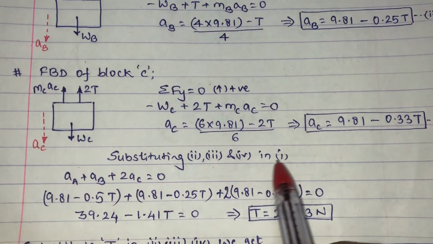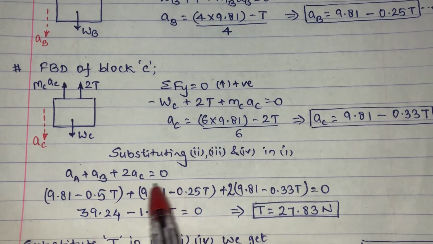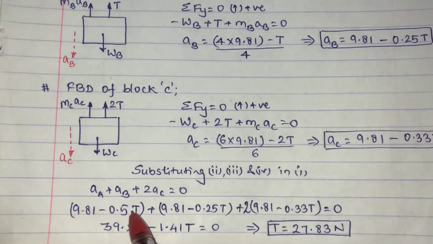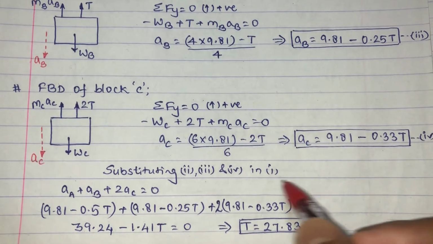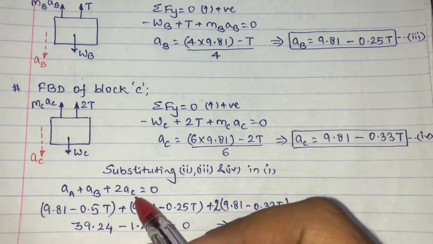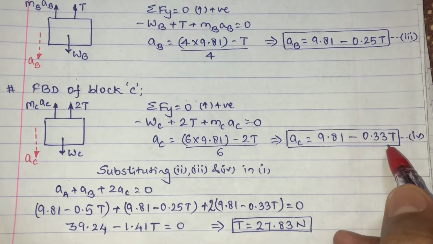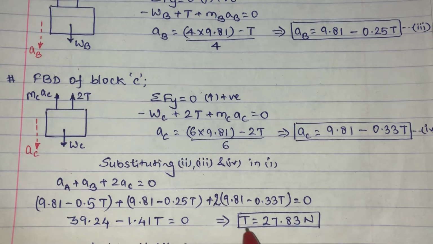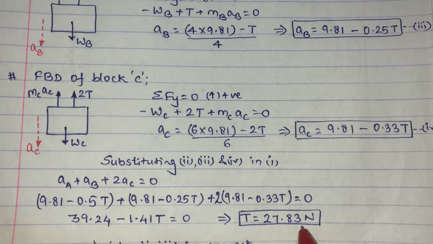Substituting 2, 3, 4 in equation 1: AA plus AB plus 2 AC equals 0. We substitute each value: 9.81 minus 0.5T, 9.81 minus 0.25T, and 2 times (9.81 minus 0.33T). When you solve this completely, we get T equals 27.83 Newton.